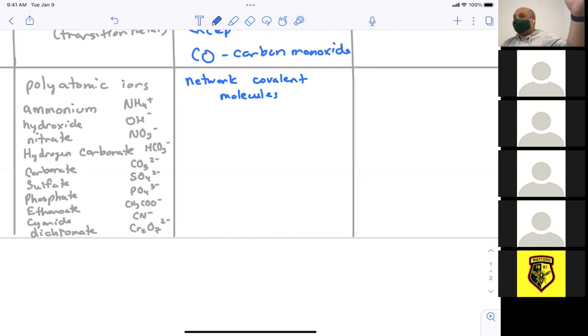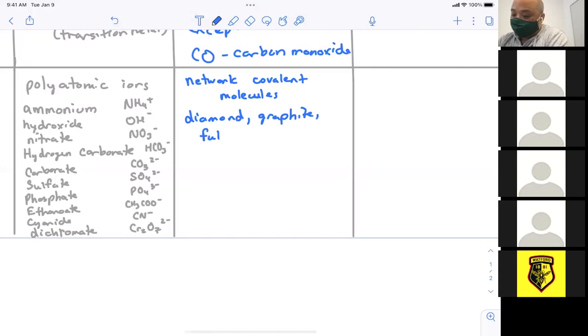Everything's covalently bonded. So what we're talking about in this category is diamonds, graphite, and fullerenes. So understanding the properties of diamond, graphite, and fullerenes, and understanding the structure of them, that's going to be a big thing.